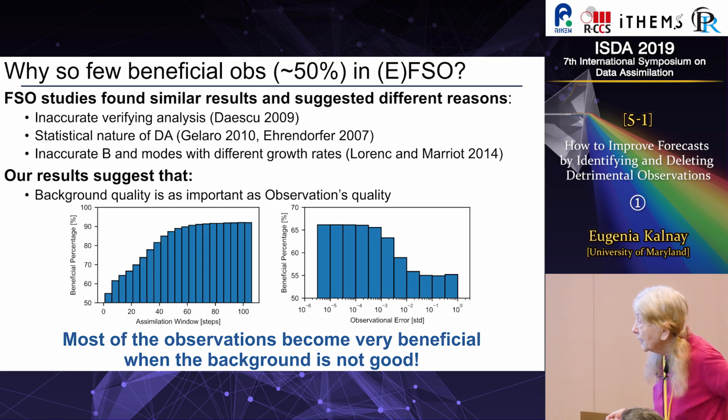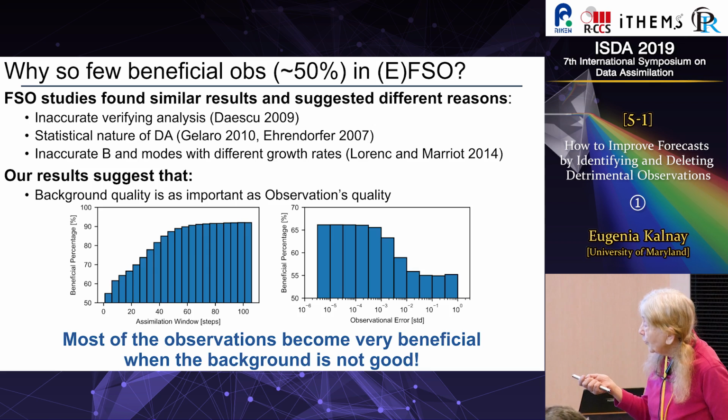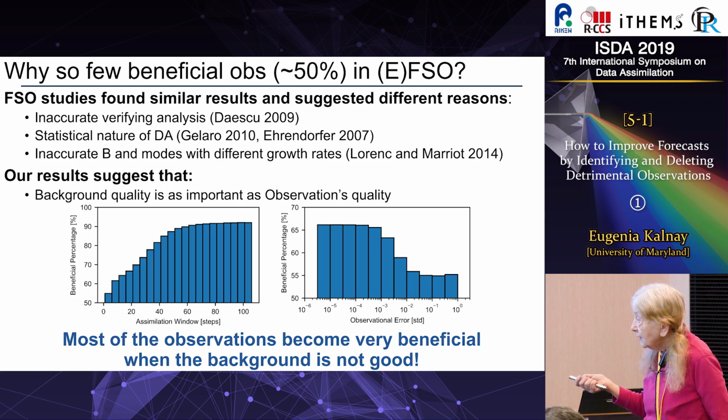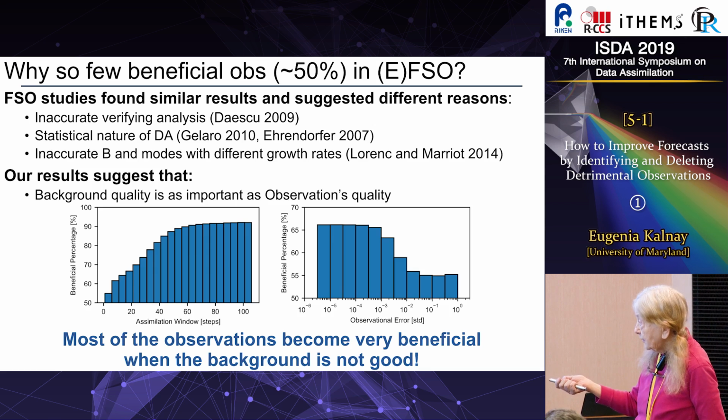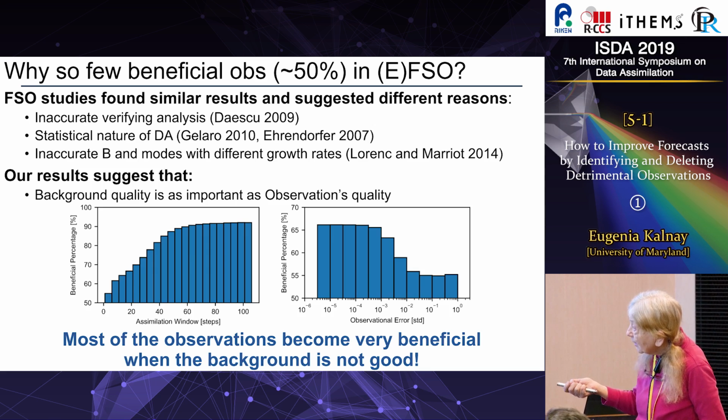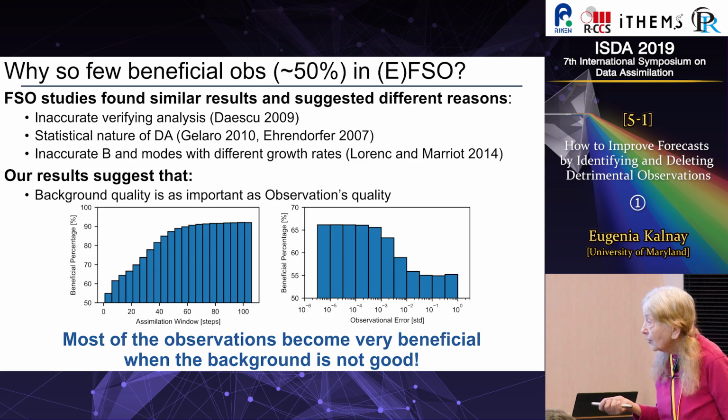For example, if we here change the quality of the observations, which have an error of 10 to the -5 standard deviation, and now they become worse until it reaches only 1, you can see that the worse the error, the beneficial percentage goes from being well above 50% to basically 55%, which is typical of what we get.